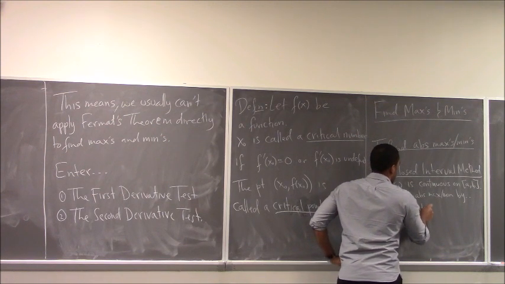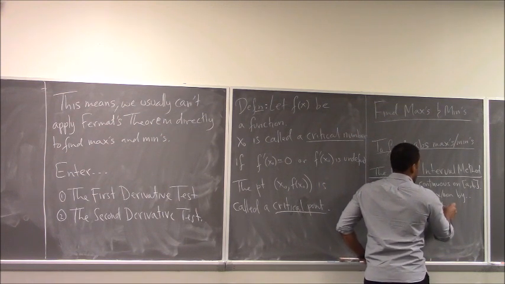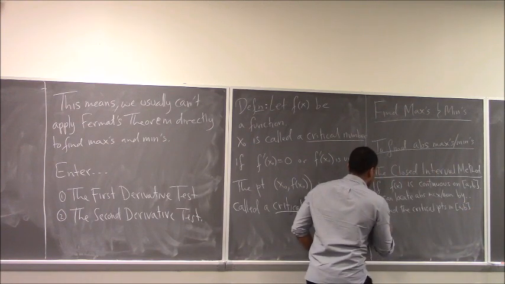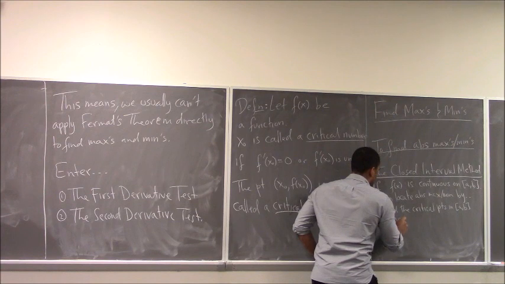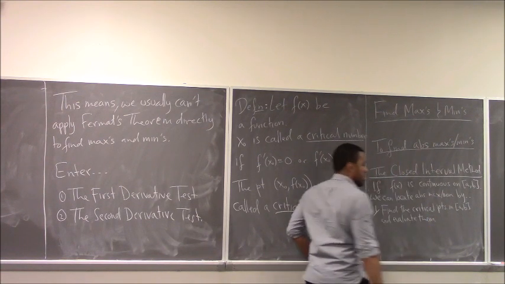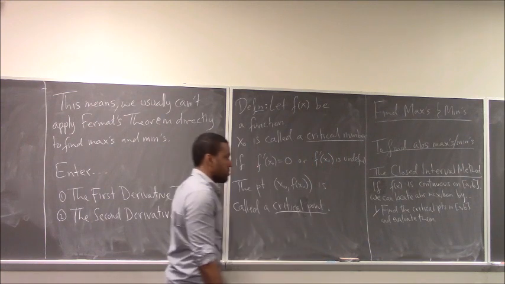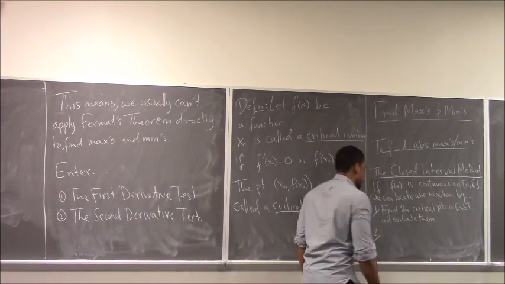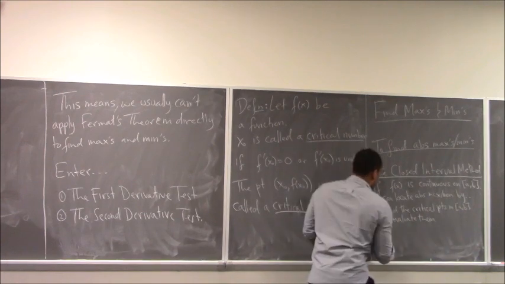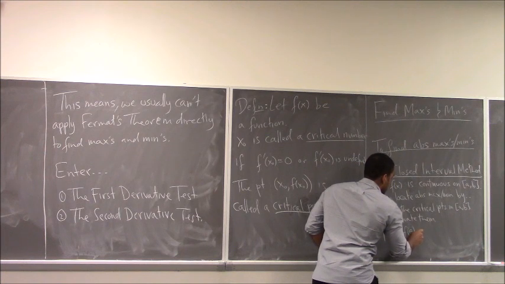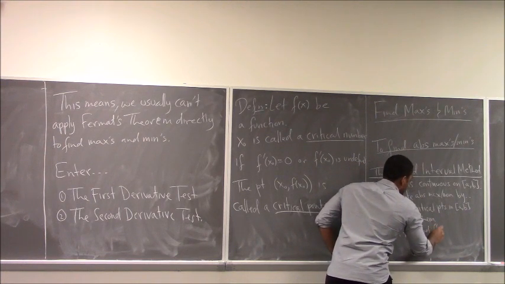Find the critical points in (a, b) and evaluate. Evaluate means find the y value. Plug them into the function and find their values. 2. Find f of a and f of b.